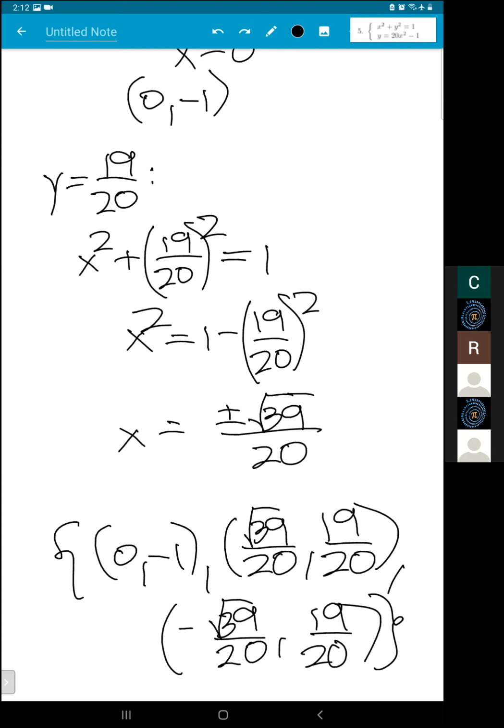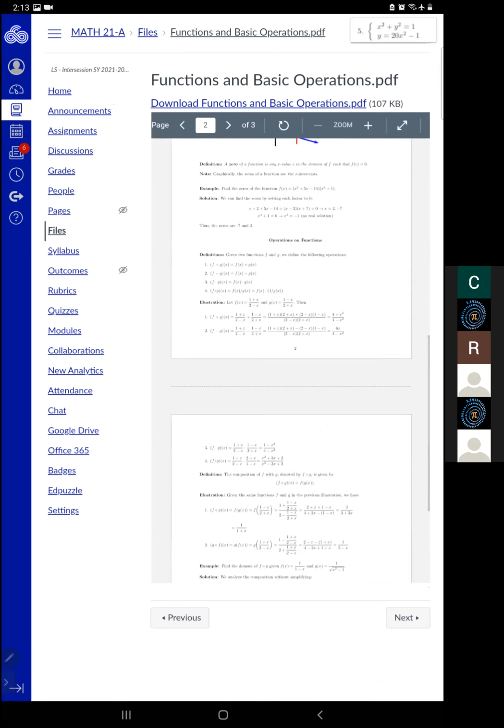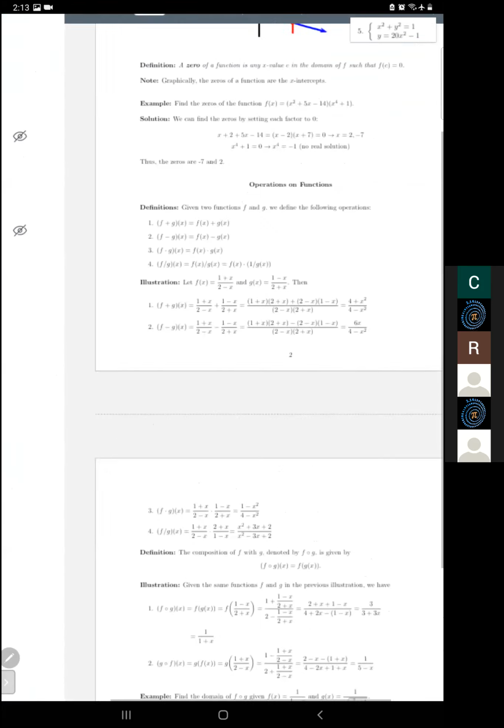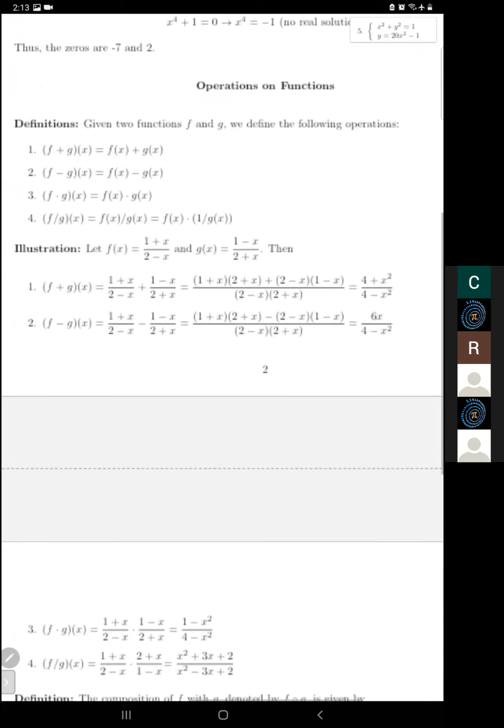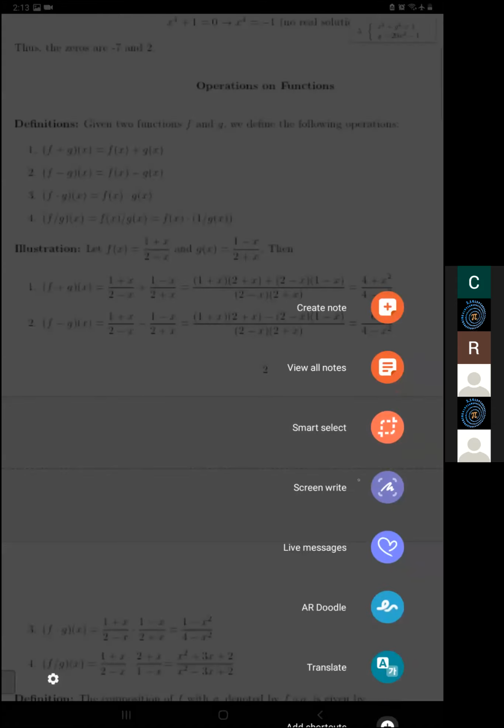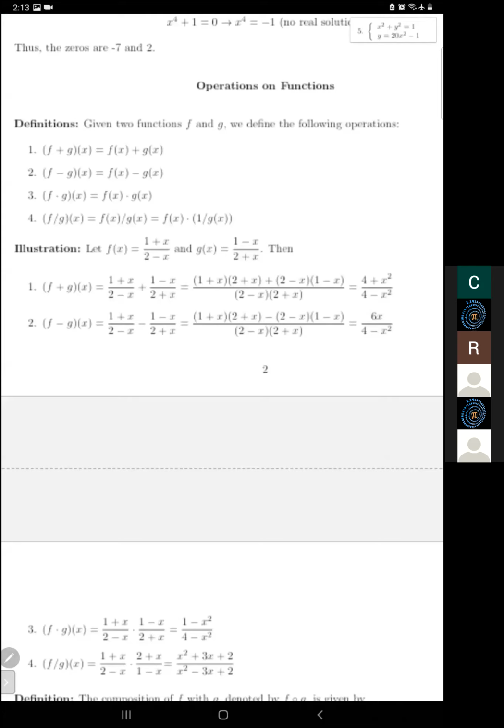Yung sa second page, yung number 1 po, yung numerator niya, how did it become 4 plus x squared po? I keep getting 4 plus 2x. Check natin kung nagkaroon tayo ng typo error dyan. Sige. Baka talagang nagkamali ako ng simplify.